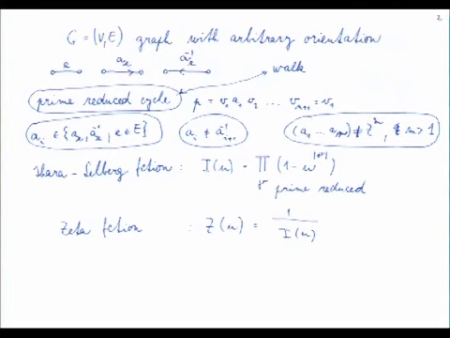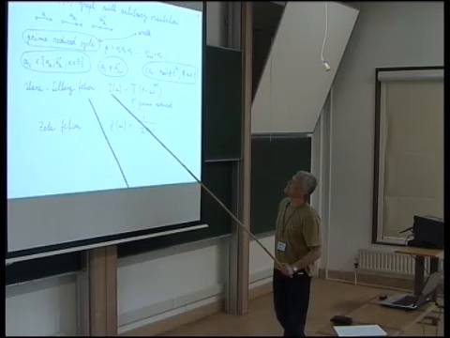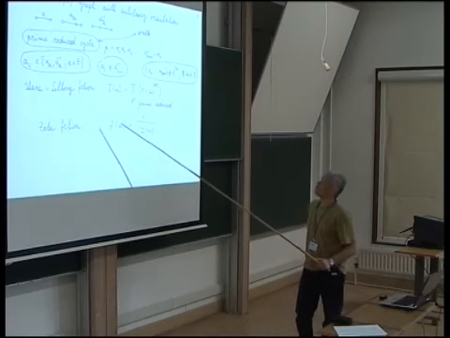So let's start. A graph is a graph, and we take it with an arbitrary orientation. Just for formal reasons, I will denote the edges of the graph E, the chosen orientation AE, and the inverse orientation AE inverse. Just a formal notation.